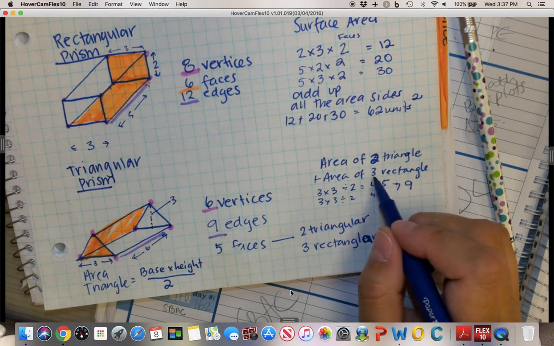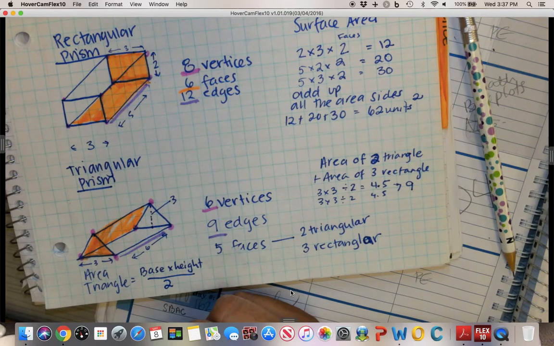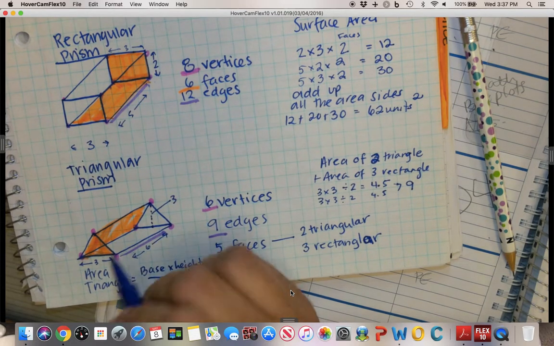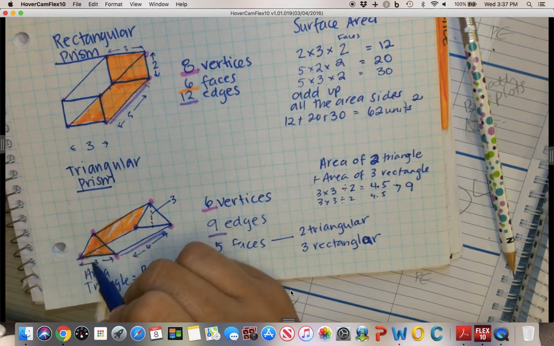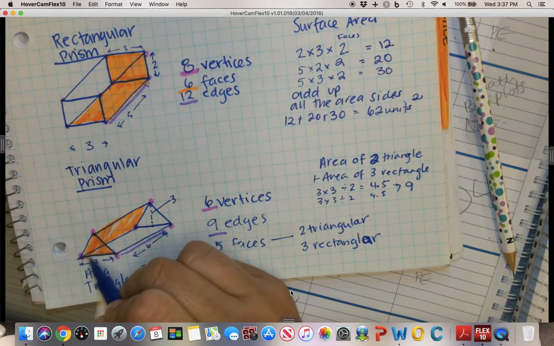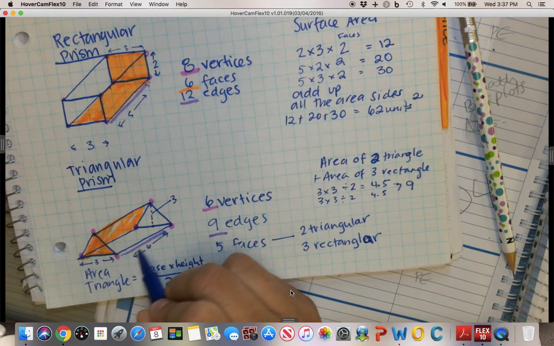Then I have to do the 3 rectangular faces. And my rectangular faces here are 3 by 6.